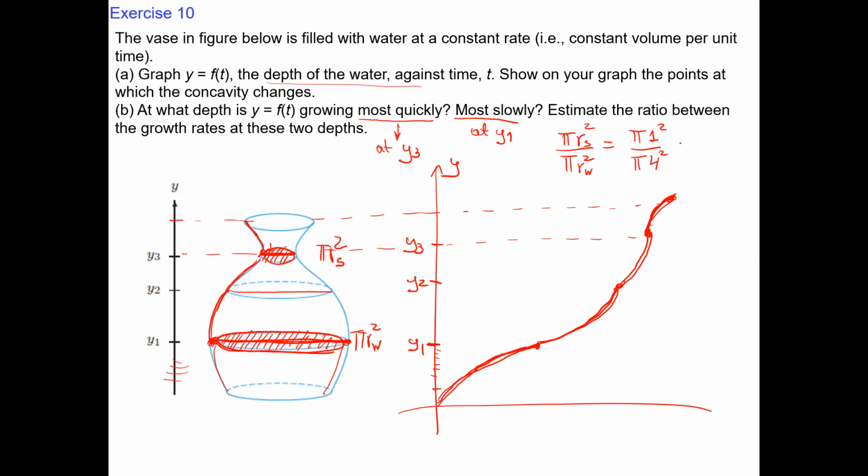Let's say 4. This will be 1 pi over 16 pi. We can simplify: 1 over 16. This ratio shows us that the bigger disk to fill out with water is 16 times slower. If the number were 16, it would be 16 times faster, but it's 1 over 16.